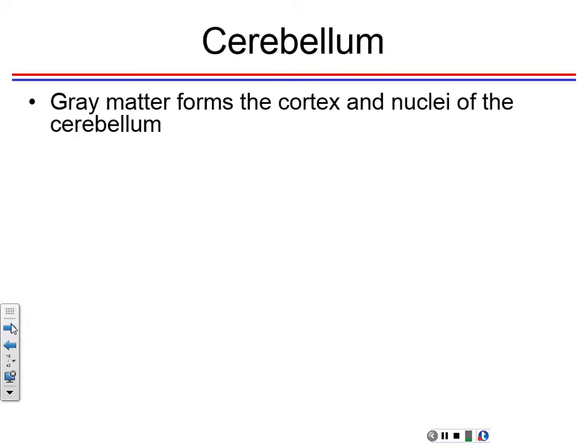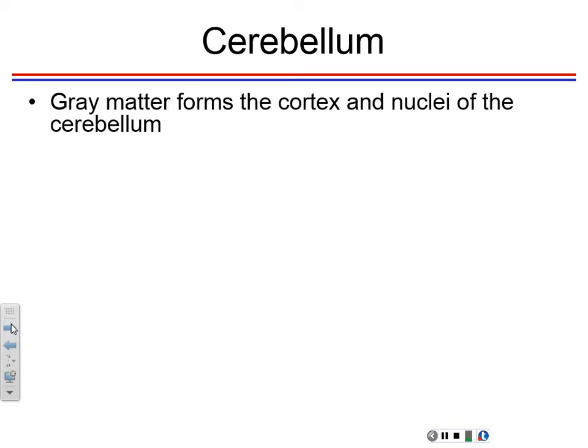All right, and now we go to the cerebellum. Cerebellum literally means small little brain, because it's the same structure as the cerebrum, but smaller. Again, it is the gray matter, which is the cell bodies of the neurons, on the top, and that forms the cortex.